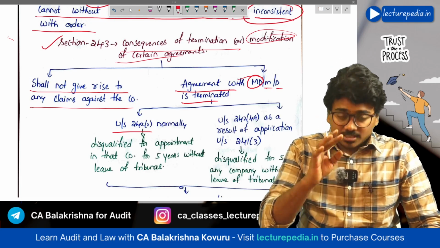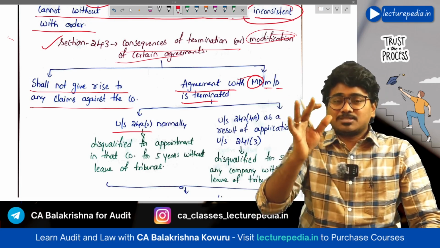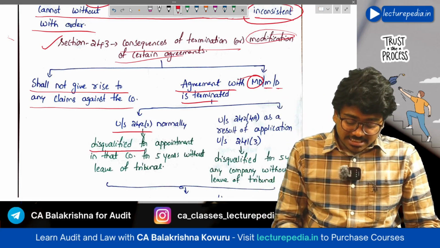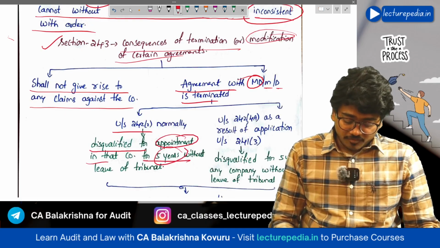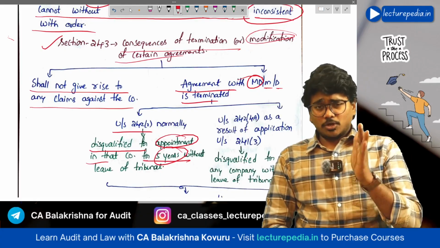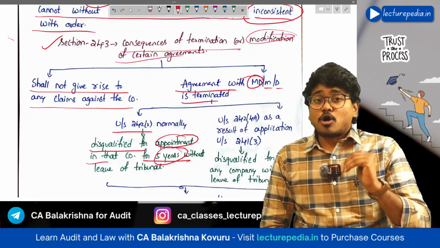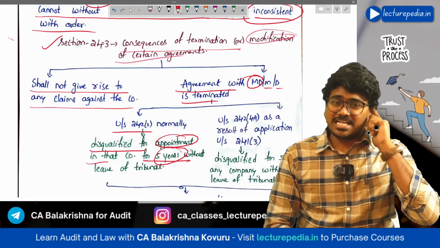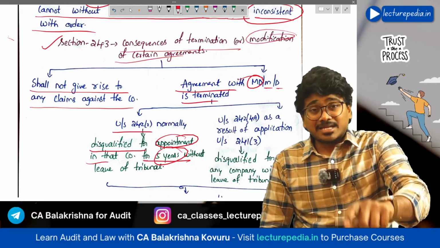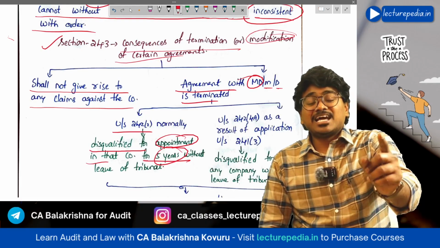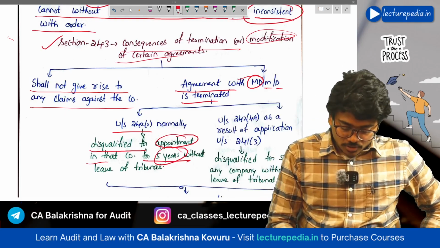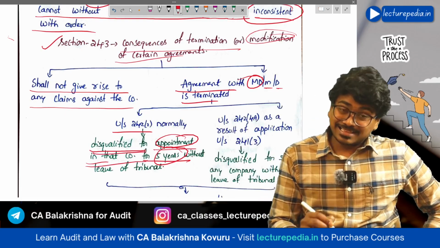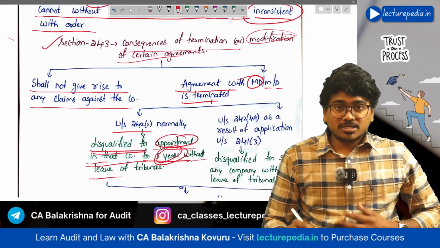In such a situation, such a person who has been terminated will be disqualified for appointment in that company for a period of 5 years. However, if the company wants to appoint such a person, then the company can do so only after taking prior approval of the tribunal.